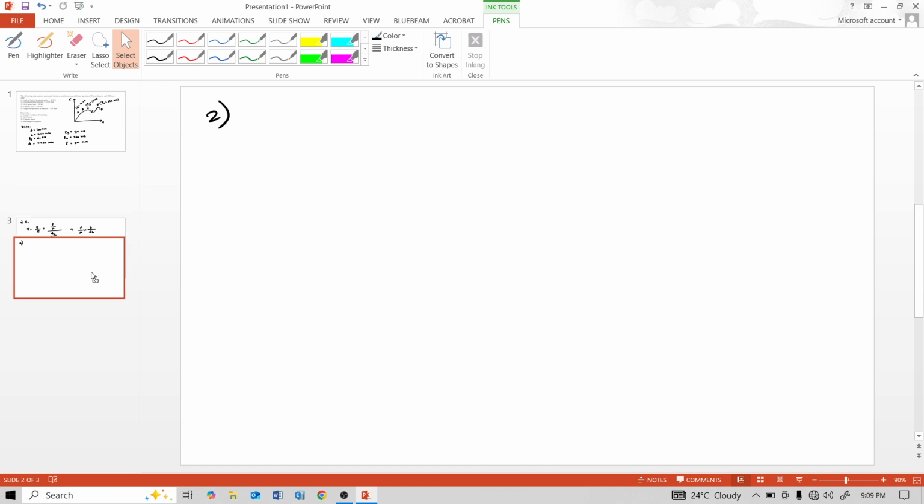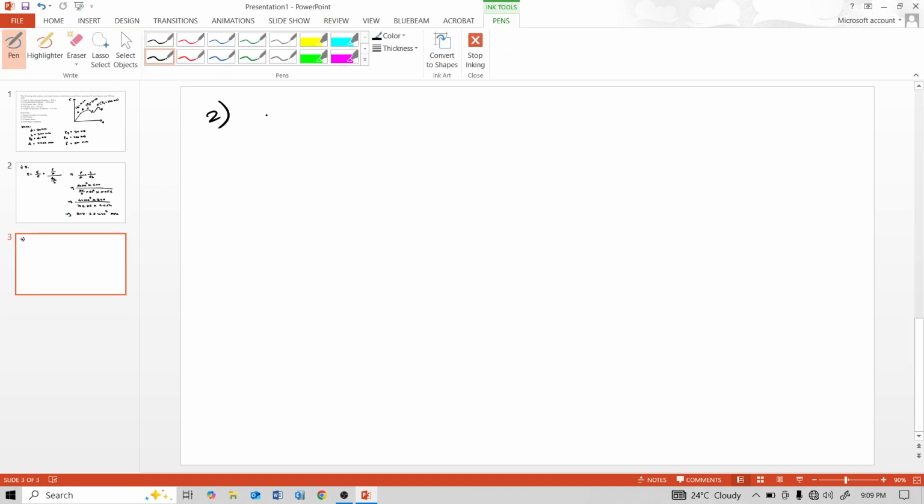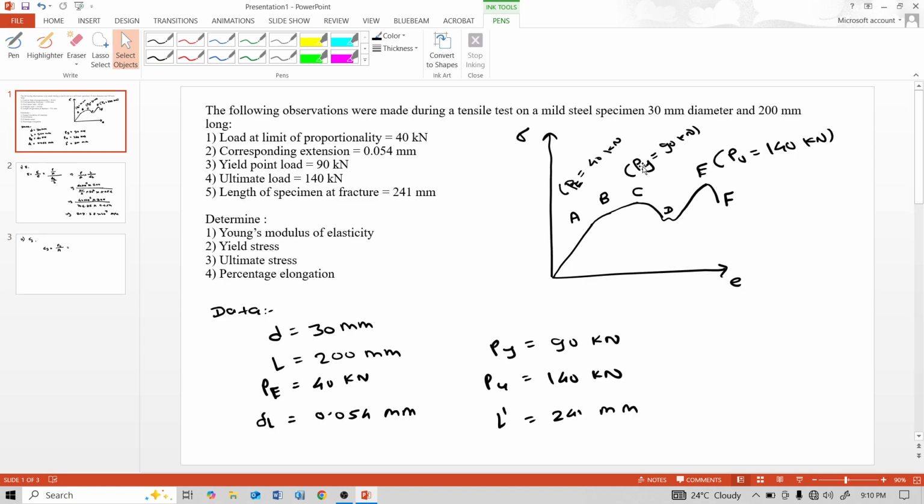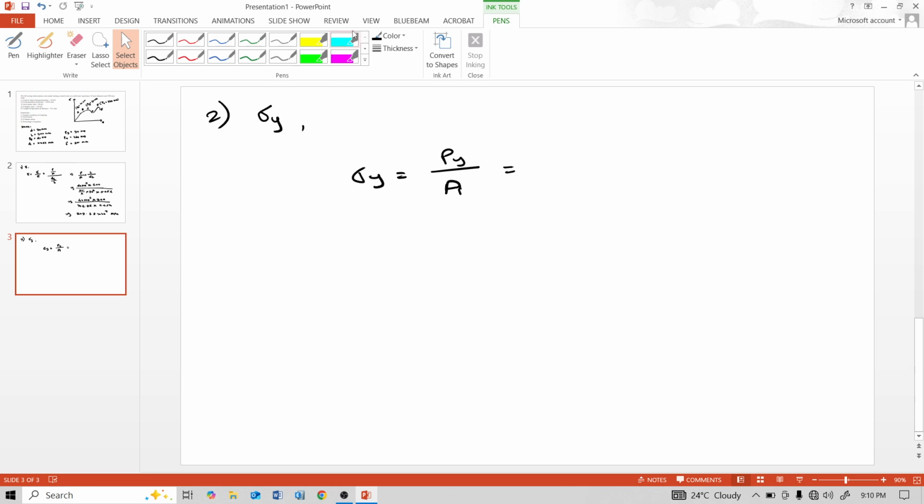Stress is denoted by sigma, and yield by y, so sigma y is equal to load upon area, where the load is the yield point load, 90 kilonewton.